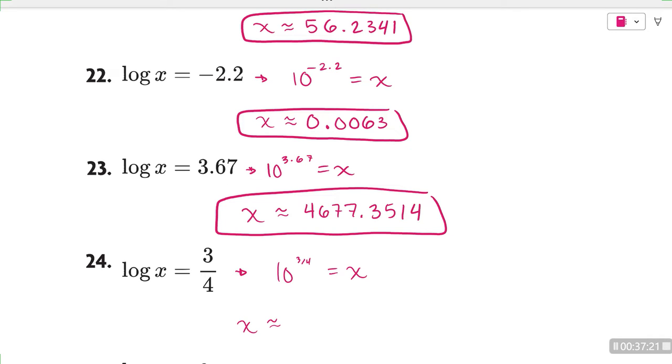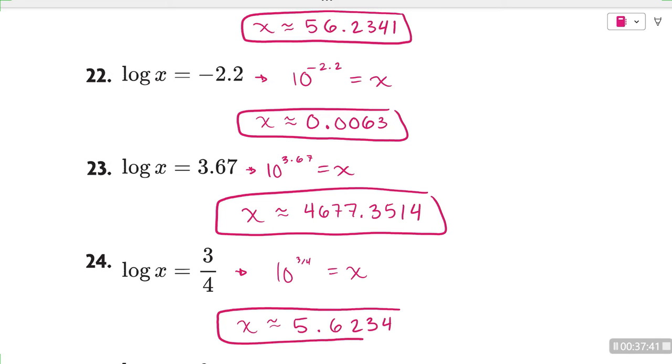Okay. 10 to the 3/4 equals x. So 3/4, that's less than 1. So we're going to get something that's less than 10. We're going to go downwards, right? So 10 raised to 3/4, or 0.75 if you prefer the decimal, is 5.62341.